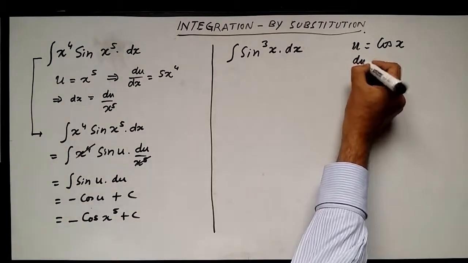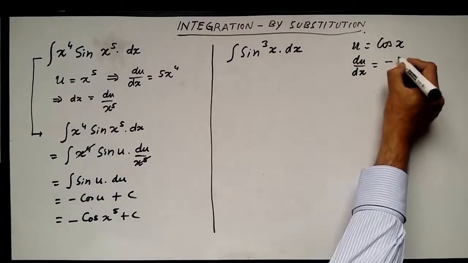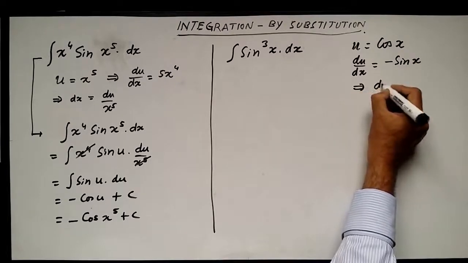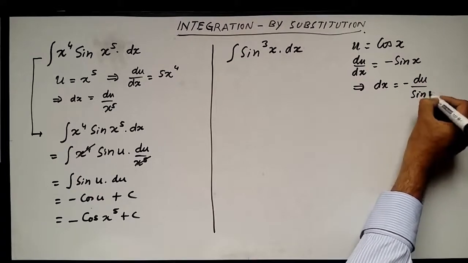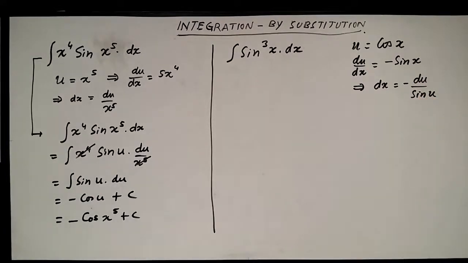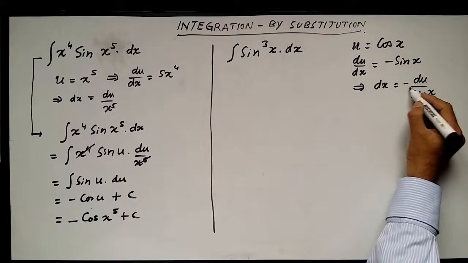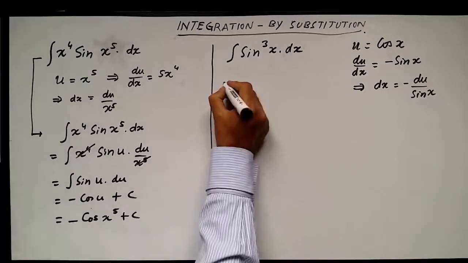So here we have du by dx is equal to minus sine of x. Therefore, dx is equal to minus du by sine of x. Okay, let's replace everything here.